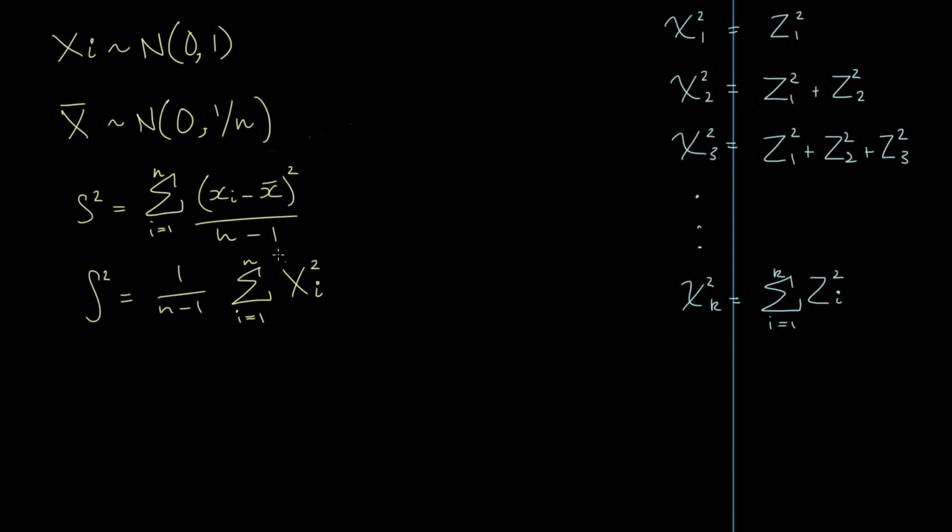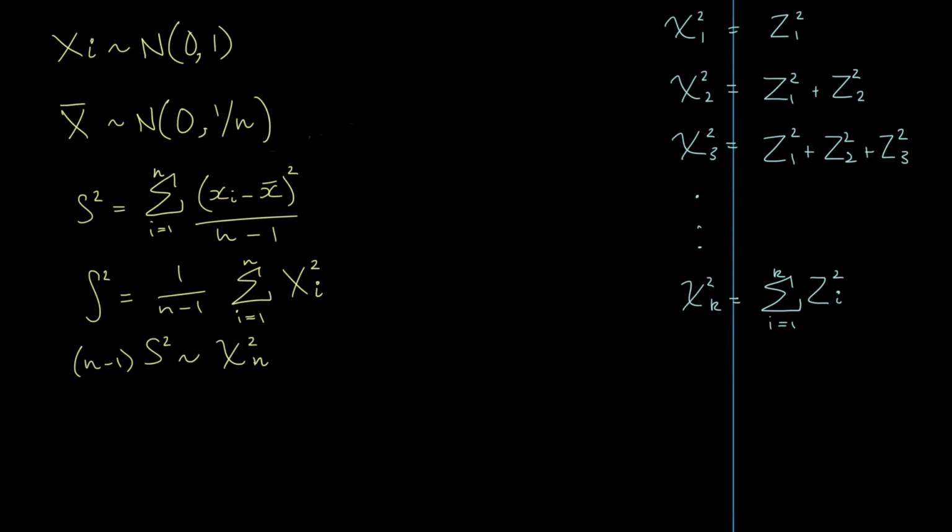And we also know that when we take the sum of the squares of a set of independent standard normal distributions, we get a chi-square distribution with n degrees of freedom. And so we can rewrite this equation as n minus 1 times S squared, which is a random variable representing our sample variance, is going to be distributed as a chi-square distribution with n degrees of freedom.